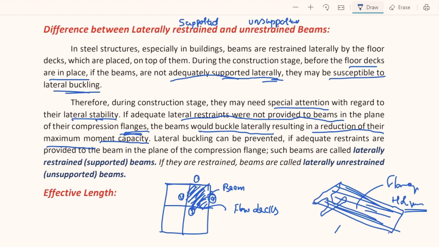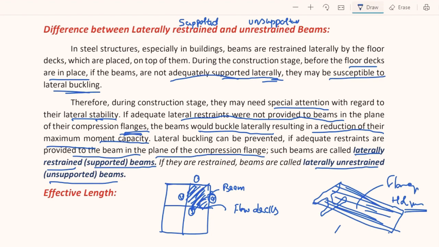If adequate restraint is provided to the beam in the plane of the compression flange, such a flange will not undergo lateral buckling, and such beams are called laterally restrained or supported beams. If they are not restrained, those beams are called laterally unrestrained or unsupported beams.